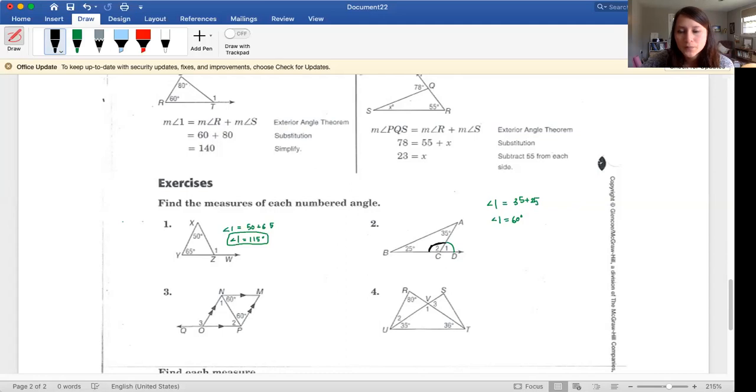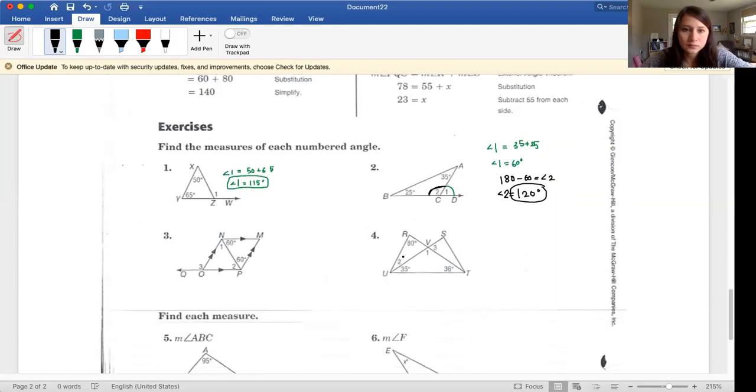They're a linear pair. So if I found angle 1, I can find angle 2. Angle 2 is 180 minus 60, and so that would be 120 degrees. And you can double check this by adding everything back in. 25 plus 35 plus 120 should be 180.